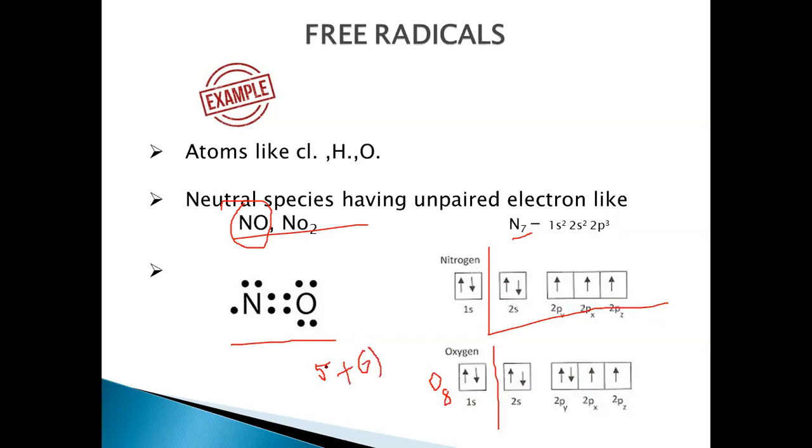The total number of valence electrons in nitric oxide is 11. We count the electrons in the structure: 1, 2, 3, 4, 5, 6, 7, 8, 9, 10, and 11. So there is a single unpaired electron, which makes it a free radical.